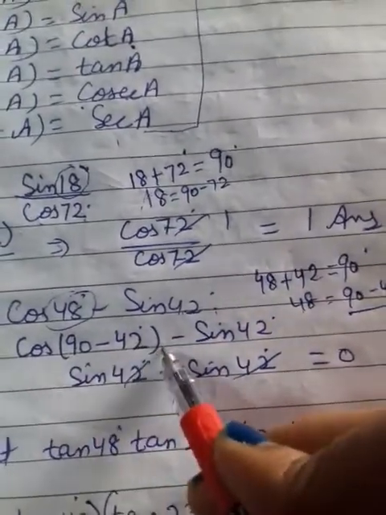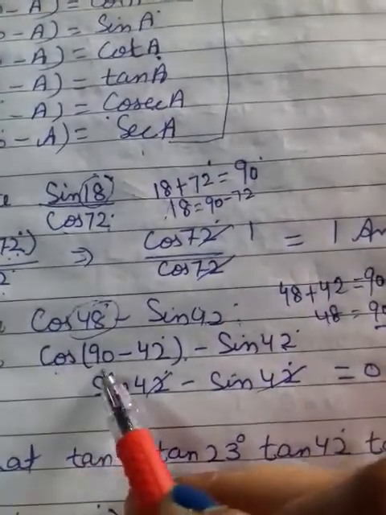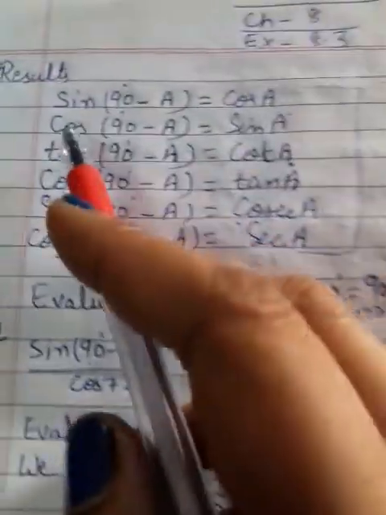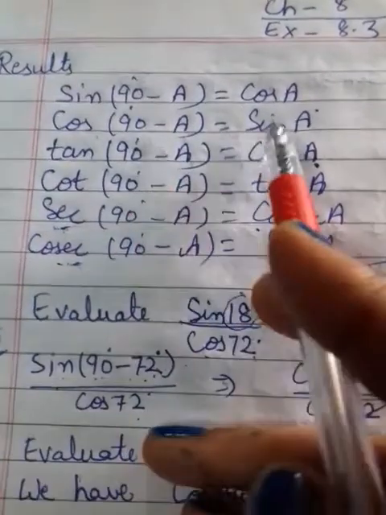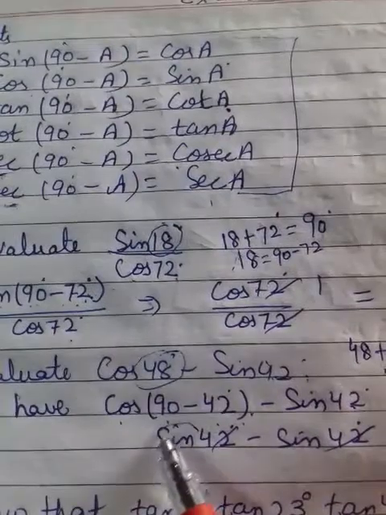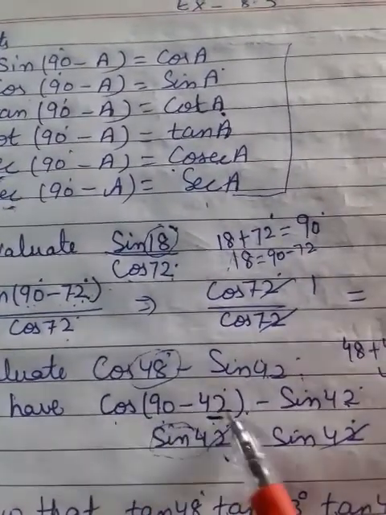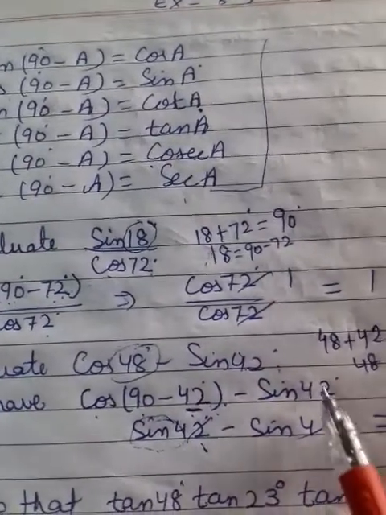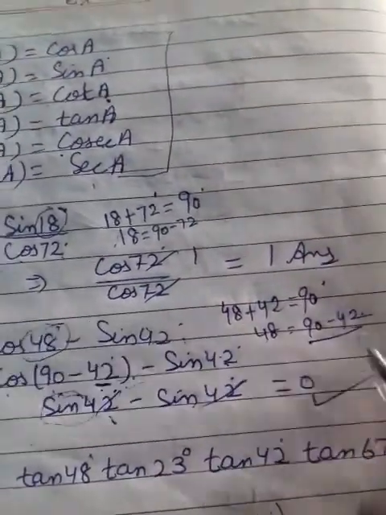Cos 90 minus 42, minus sin 42 I kept same. See, cos 90 minus a is equal to sin a. What is a in place of that? 42. It becomes sin 42 and this one also same. Both will be cancelled. So your answer is 0.